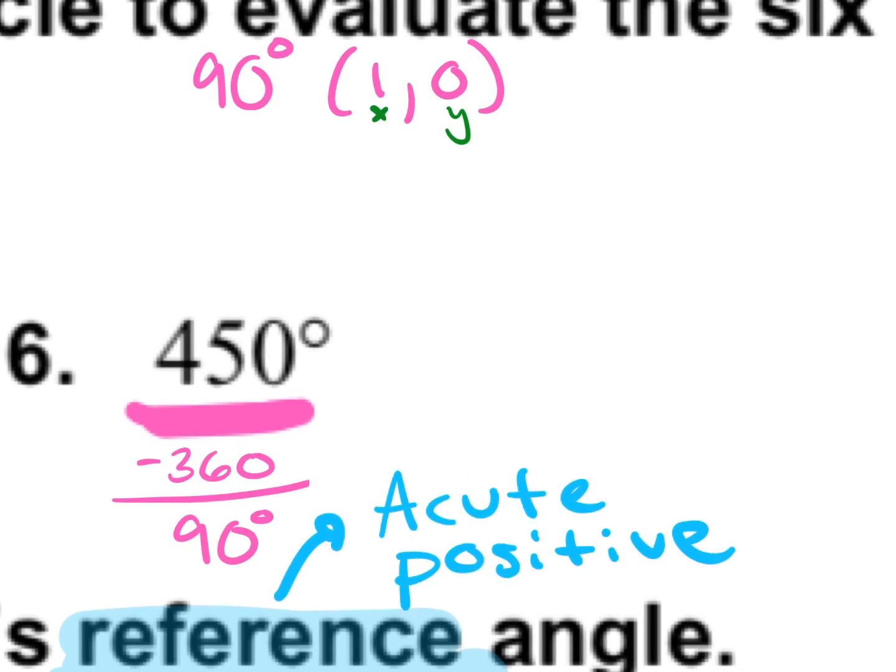For our 6 trig functions, we don't use r when we're using the unit circle. So we just have sine, cosine, tangent, cosecant, secant, and cotangent.